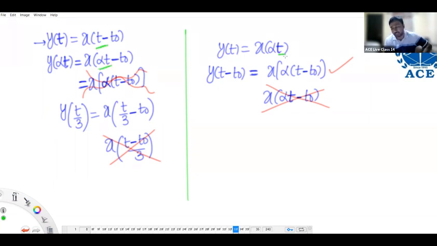Here exactly t place t minus t naught means alpha becomes common multiplier, alpha into t minus t naught. Be careful. In the coming classes, I will make you give wrong answers, but be careful. Whatever it may be, exactly t place alpha t, here exactly t place t minus t naught.